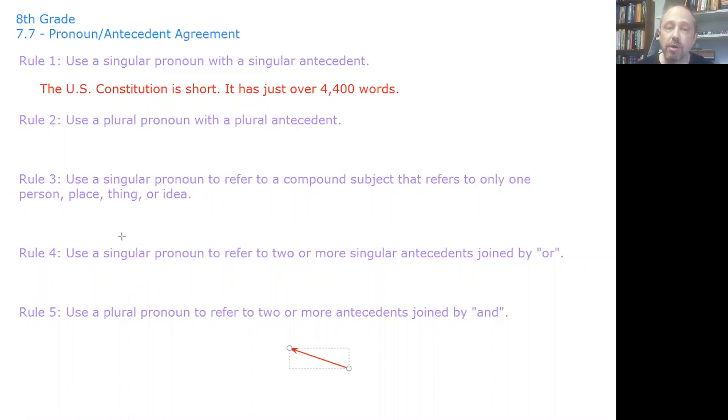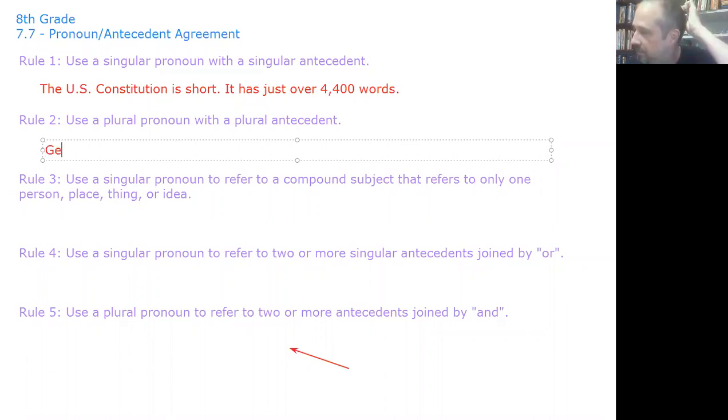And by the same token, we use a plural pronoun with a plural antecedent. And so an example of this as well: The dogs howled at the moon.